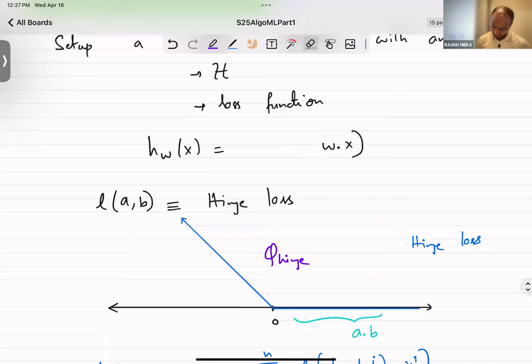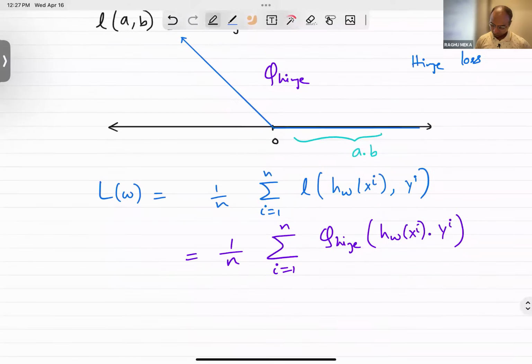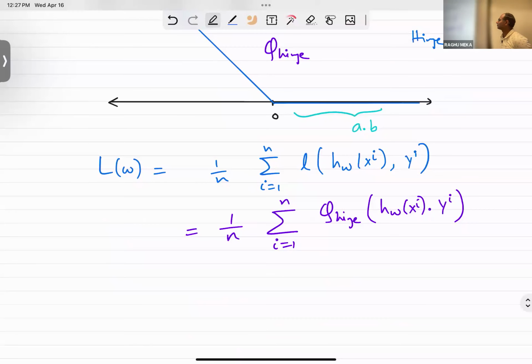Actually, I should not put the sign here. Okay, so this is what you get.